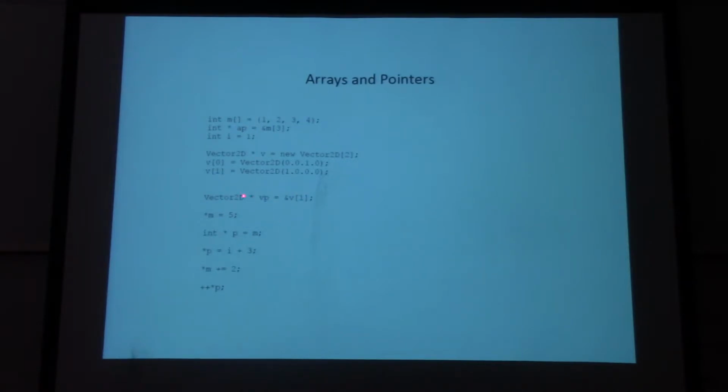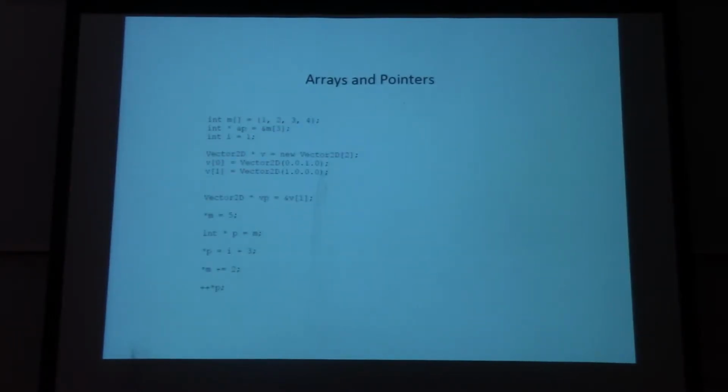So this is a vector pointer. Address of v1 is going to be the address of the second vector in this array of vectors. And then I'm just going to test some values out using these references and pointers. So nothing too impressive here.